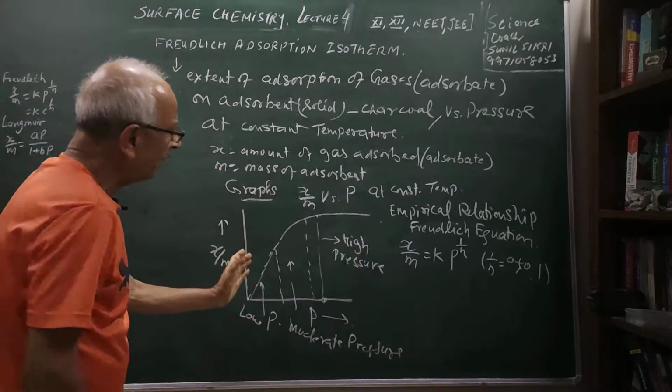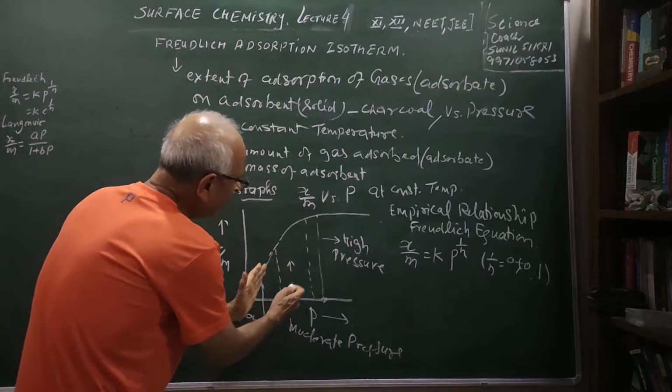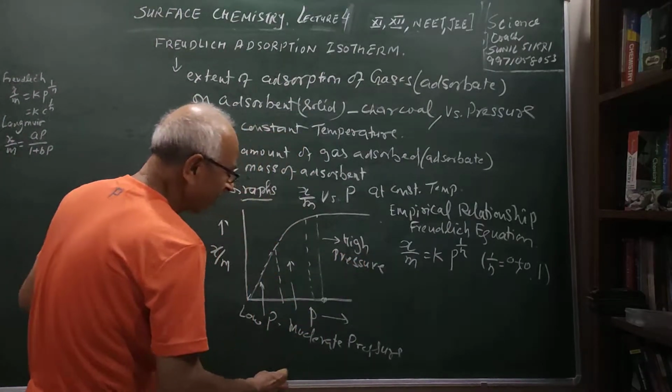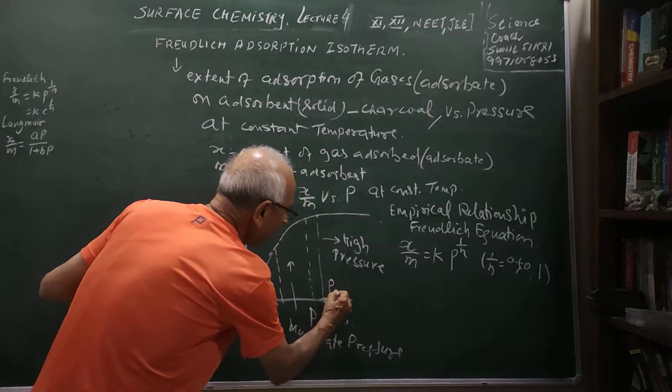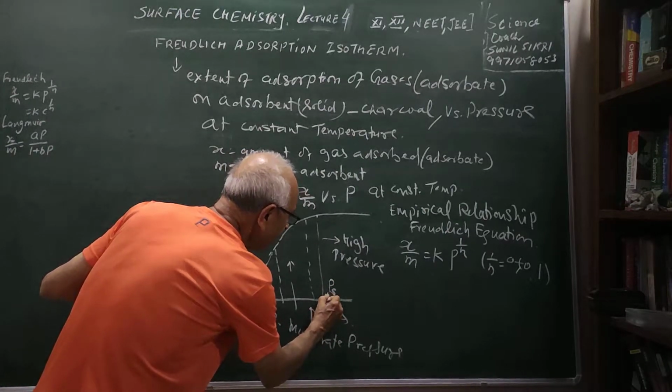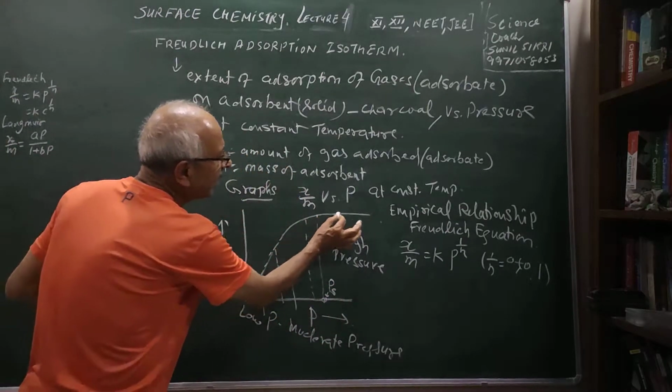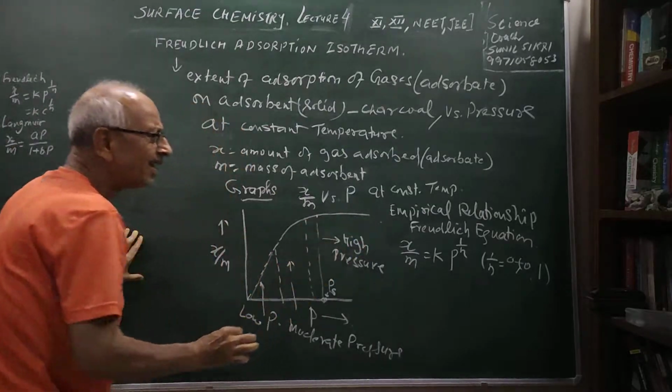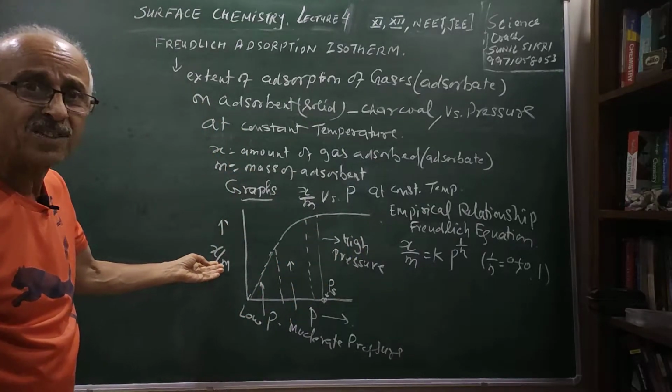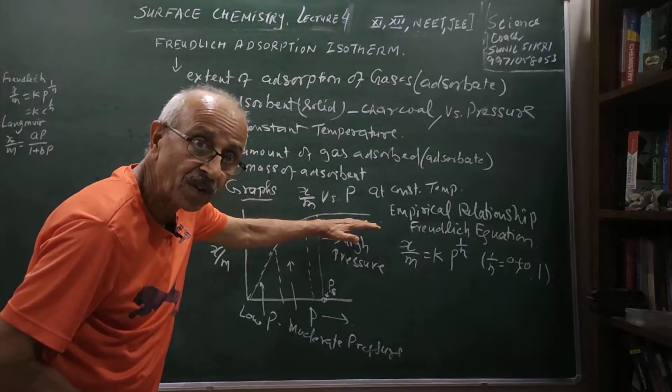So the graph has three regions: low pressure, moderate pressure, and high pressure. At high pressure, what happens? You can see that at very high pressure the graph is becoming horizontal. There is no increase in extent of adsorption at high pressure.